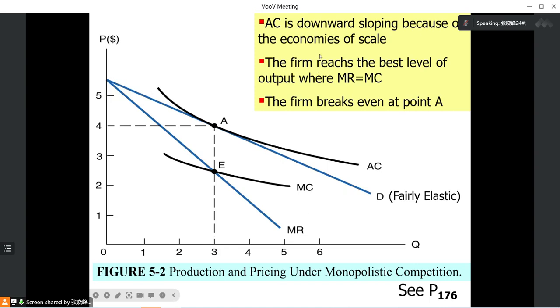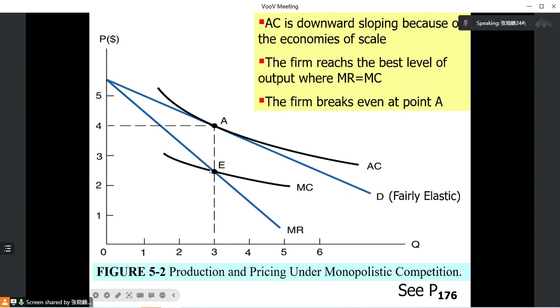The firm reaches the best level of output where MR equals MC. That is the intersection between the marginal cost and the marginal revenue.